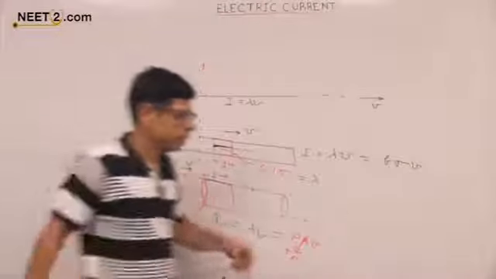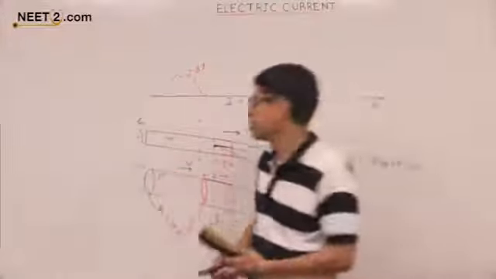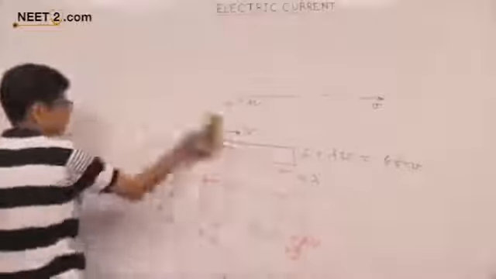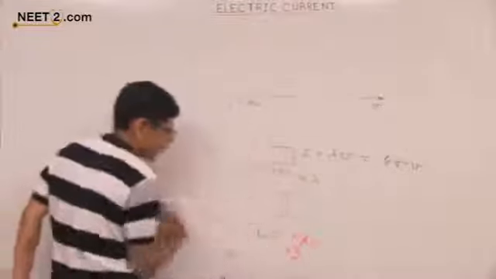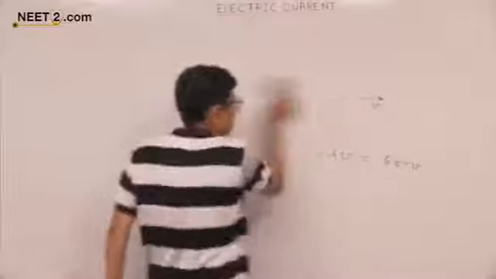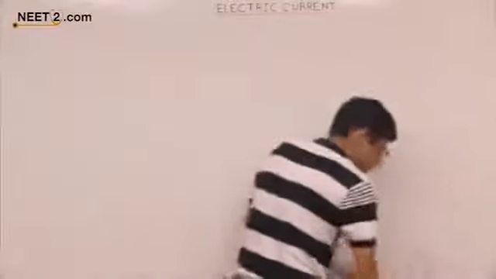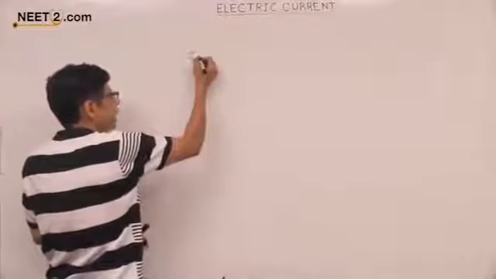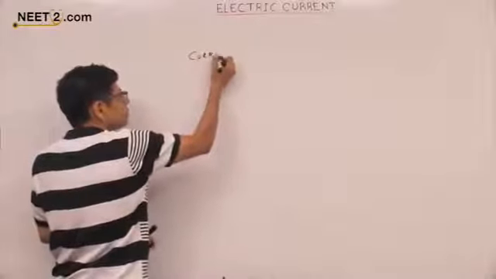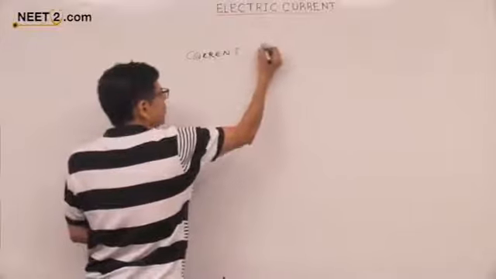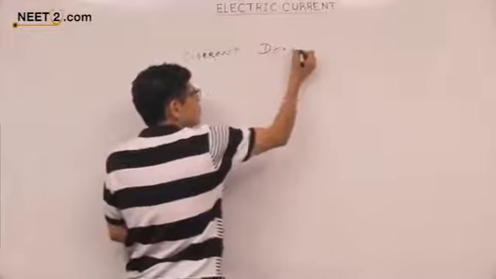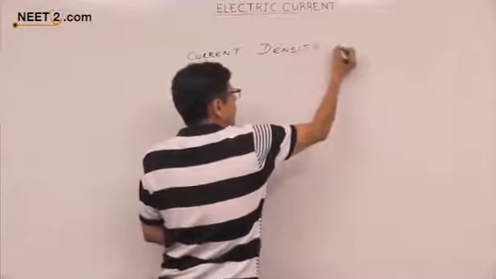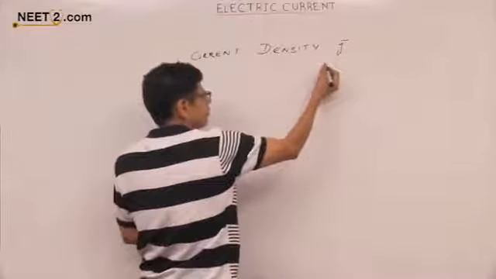The next thing that we'll be doing is discussing what is known as current density. The symbol used for current density is J. Current density J, as you can see, is a vector.